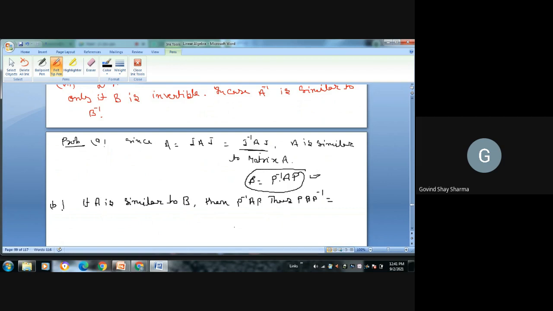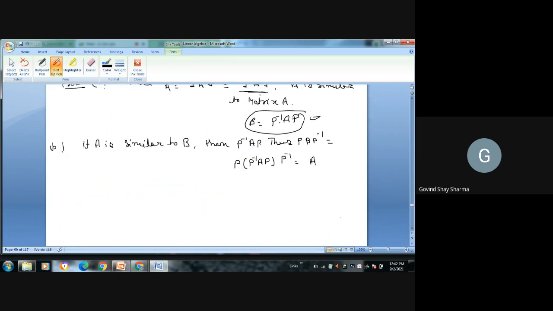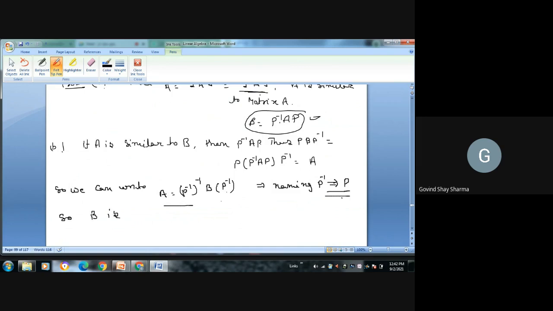Multiplying, we can write A is equal to P B P inverse, and naming P inverse here as the new matrix, so B is similar to A.